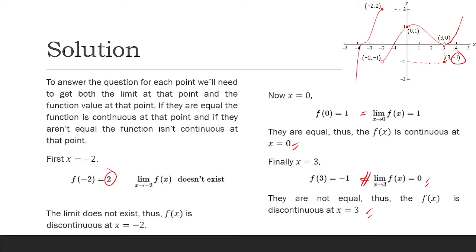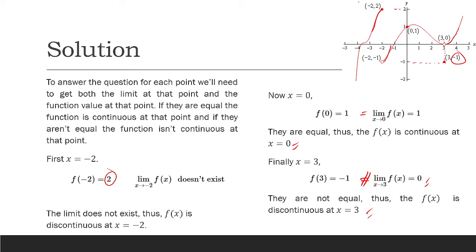So, in this case, halimbawa, at x is equal to negative 2. Yan ba continuous or hindi? Ang gawin mo, i-trace mo yung graph. If matitrace mo yung graph and hindi aangat yung lapis mo, then therefore, it's continuous. But in this case, makikita natin na kung ititrace ko yung graph, pagdating dito, tatalon ako dito sa baba. So, kailangan kong iangat yung lapis ko.